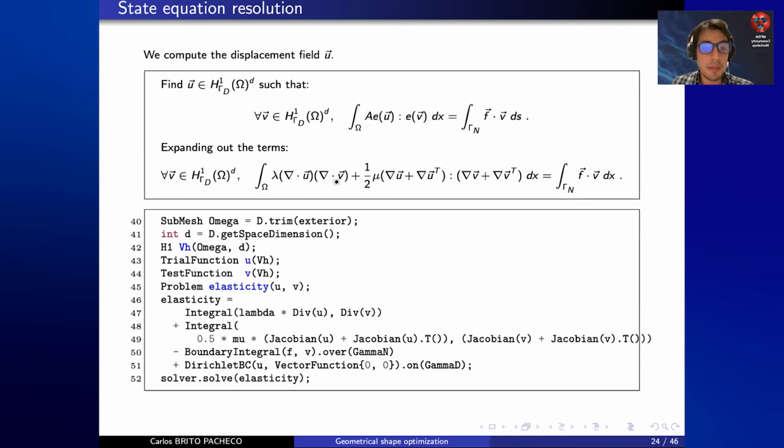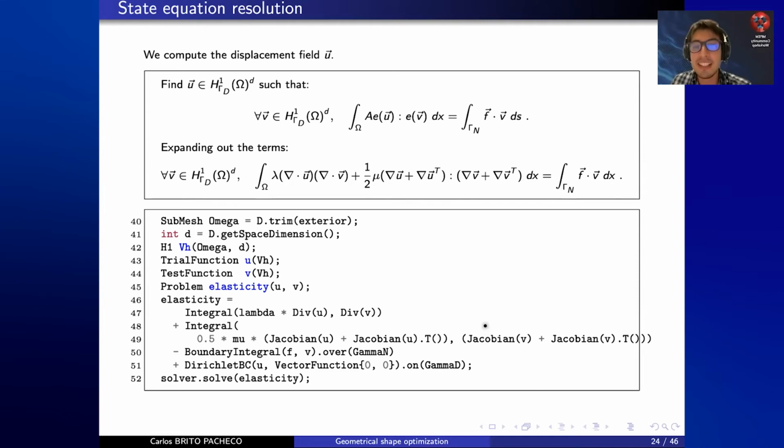The main thing to take away from here is that you can, like we did with the Poisson case, just write it in a syntactic manner. We can just take the integral of the dot product of U times lambda times mu times the symmetrized Jacobian, or just the Jacobian plus its transpose, and take the matrix dot product with the Jacobian of V plus the Jacobian transpose.